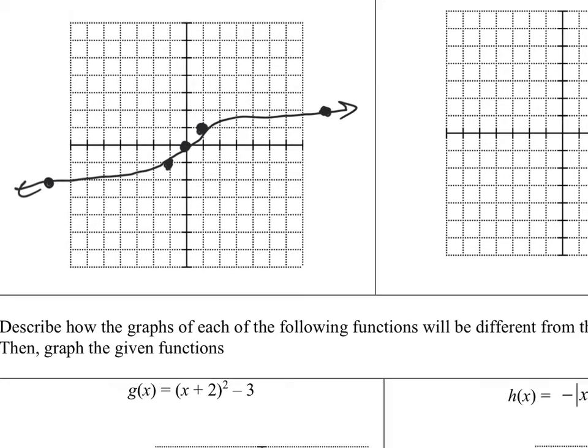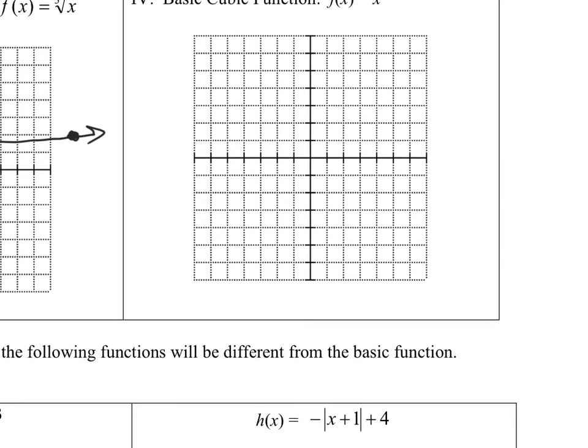All right, moving on to the next one, x cubed. Kind of the same thing here, we still focus on the same x values. When x is 0, y is 0. When x is 1, y is 1. When x is negative 1, y is negative 1. And when x is 2, y will be 8.